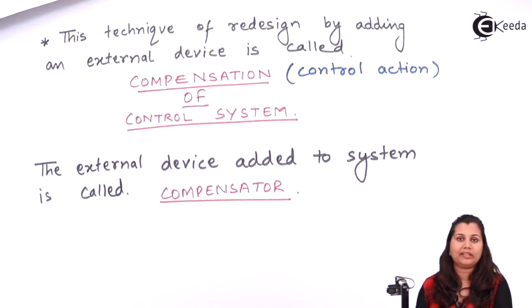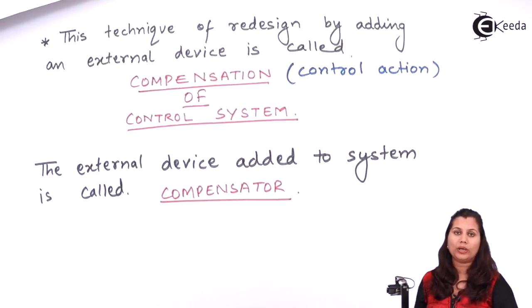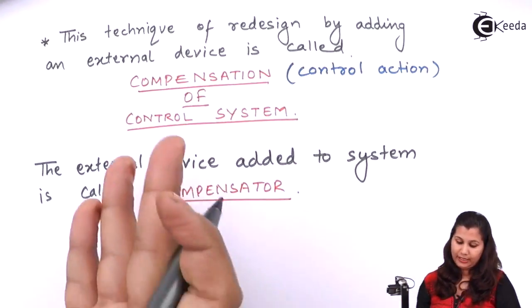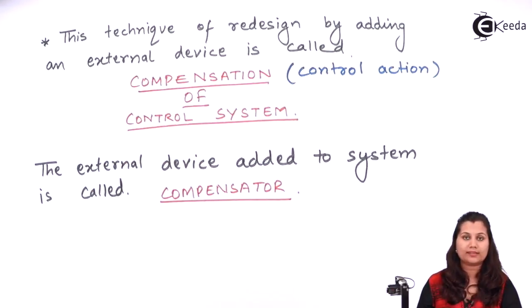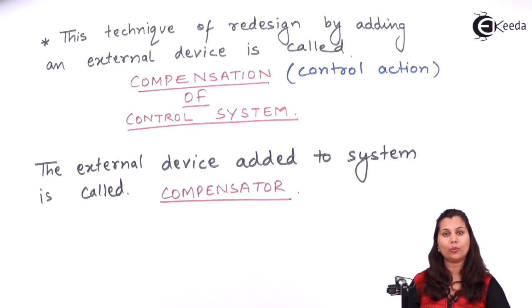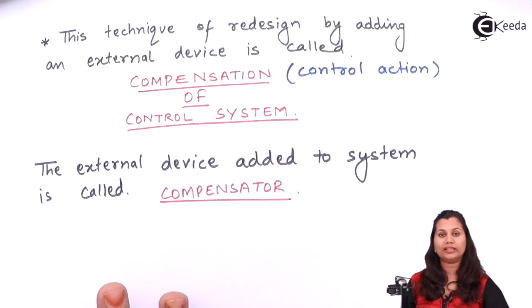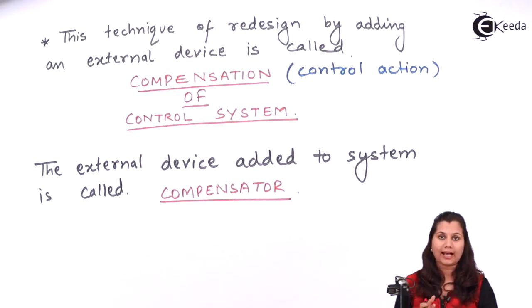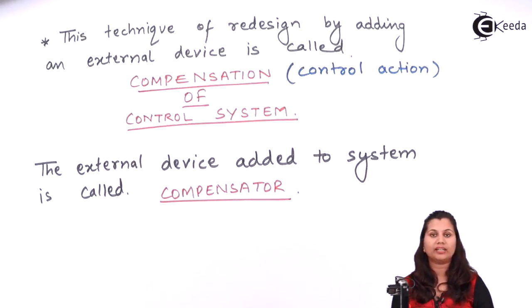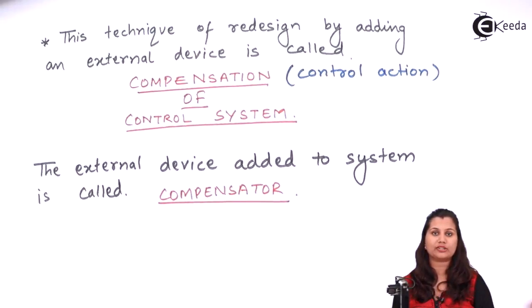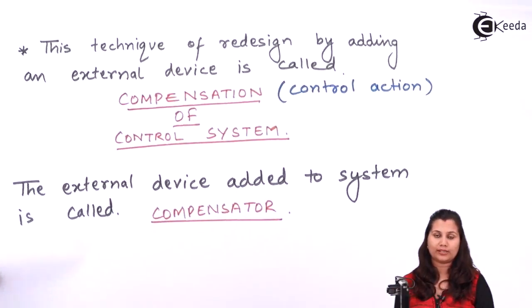This is why we require a compensator, or a technique of compensation, in the control system, so that we can have a system which is stable, accurate, and also gives good speed of response. To meet these performance specifications, we do the compensation of the control system.